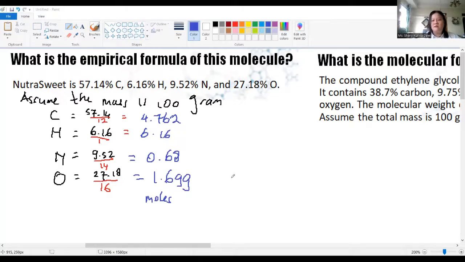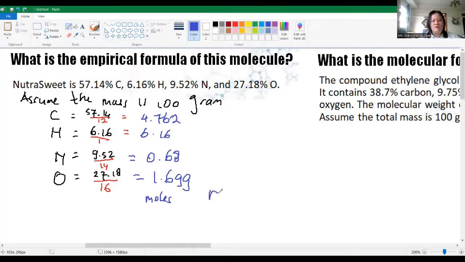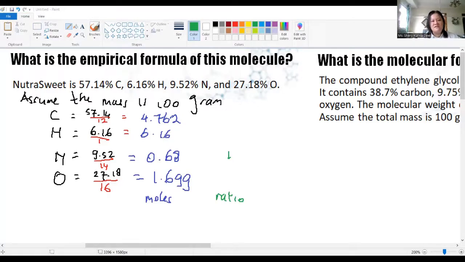So in the ratio, I will write nitrogen as 1. And the rest I will divide by 0.68. First I will divide the carbon, 4.762 divided by 0.68, which is 7.003.